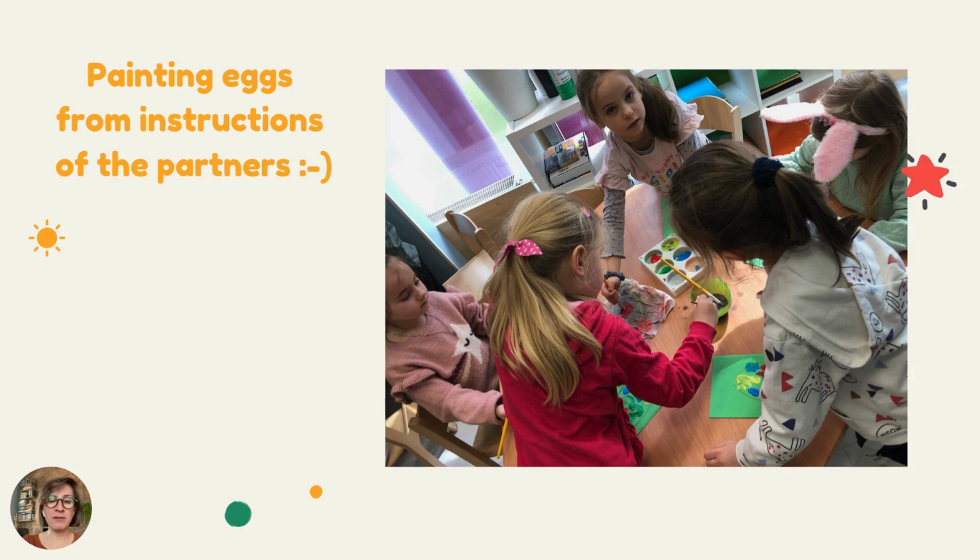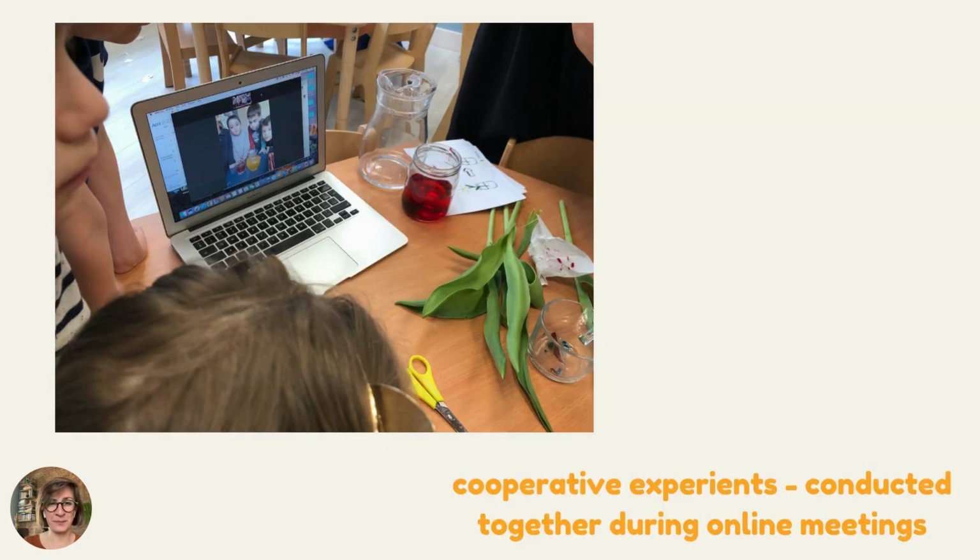So Poland prepared instructions, then, for example, children from Greece listened to our instructions for painting eggs, and then they showed us the eggs so we could see what the result was. And then we did it the other way around, so that although children were very far away, they worked together as one big international group.